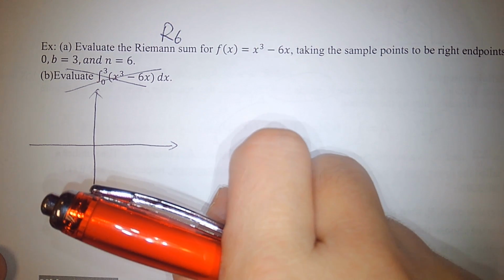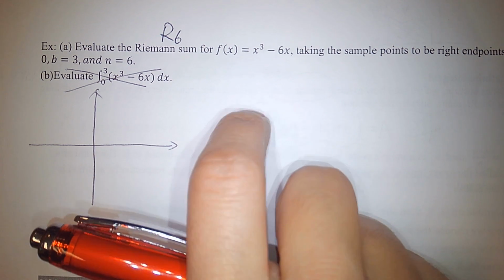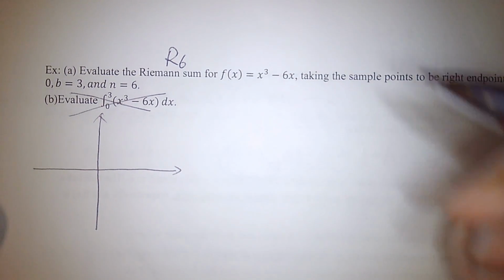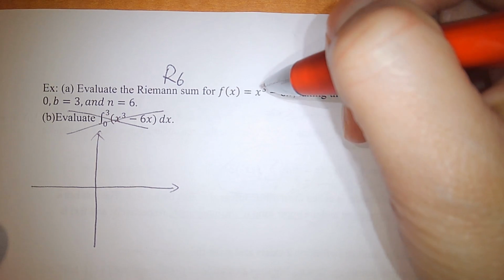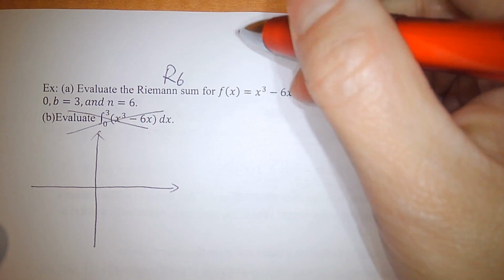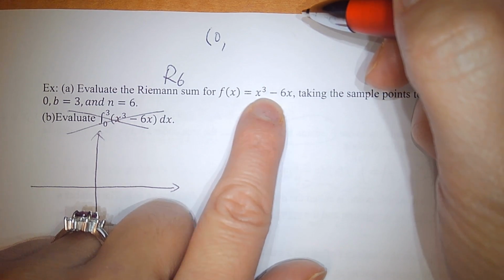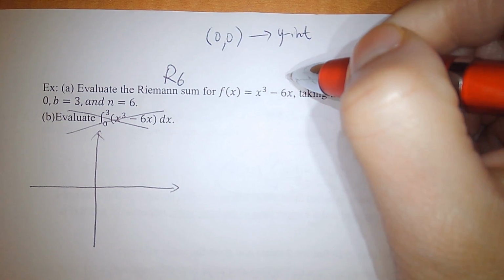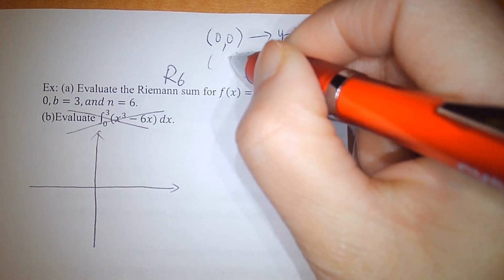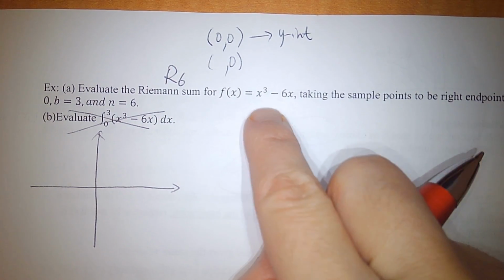What is the second criterion? Intercept, right? So I'm going to write on the side. To find the x-intercept, we let y equals 0. To find the y-intercept, we let x equals 0. x equals 0, y equals what? 0. So the y-intercept is 0. How about the x-intercept? Let y equals 0 and solve for x.